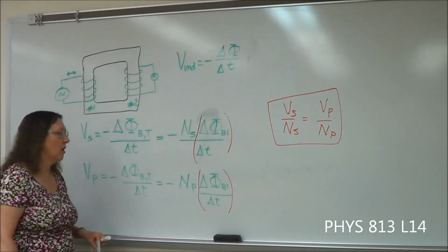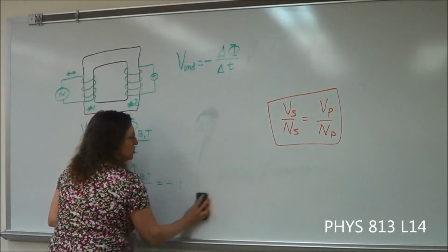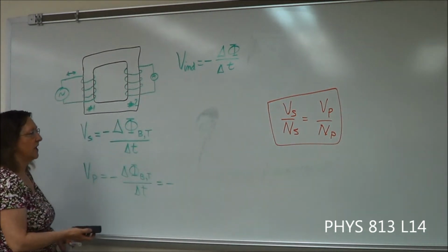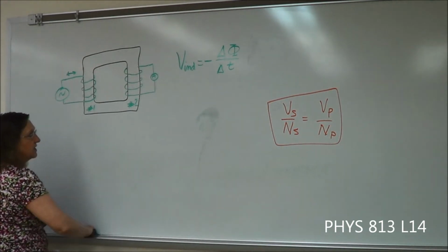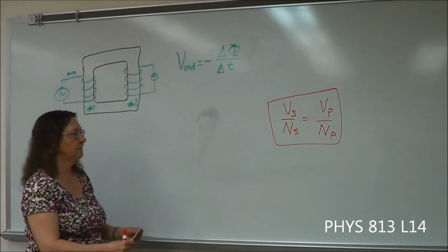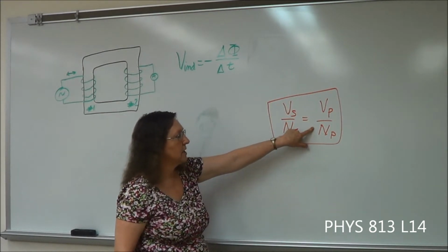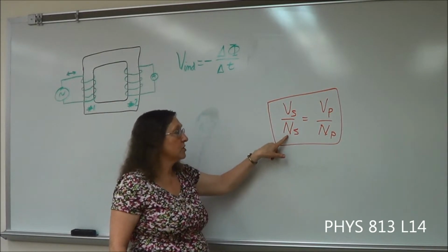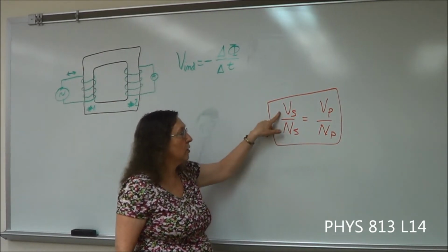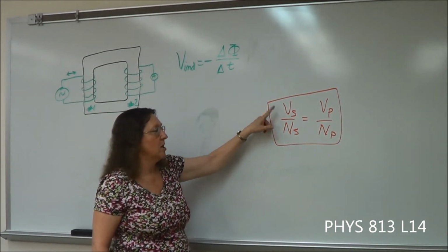Okay, now there are a couple of other considerations. This tells you something about voltage and the number of turns. If you look at this closely, if you have the primary and you put a lot more turns on the secondary, you're going to get a higher voltage out on the secondary.